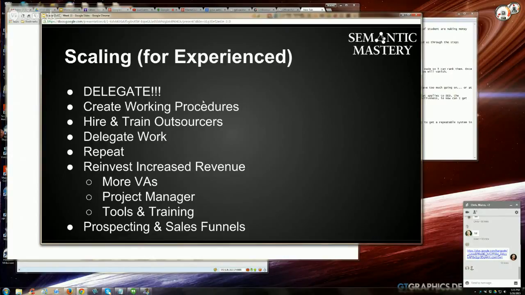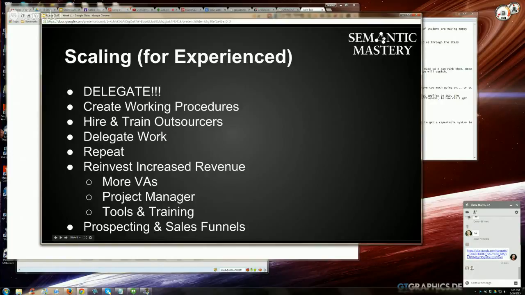But at the end of that 2 months, you're in a position where you can take on another 2 clients, let's say, at $1,000 a month per client, or another 3 clients at $500 a month per client. Now you've just increased your revenue, right? And now you have a process in place that you can repeat to bring on more help. Okay, you guys get that? So reinvest the increased revenue that you're generating from putting this process into place into hiring more VAs.